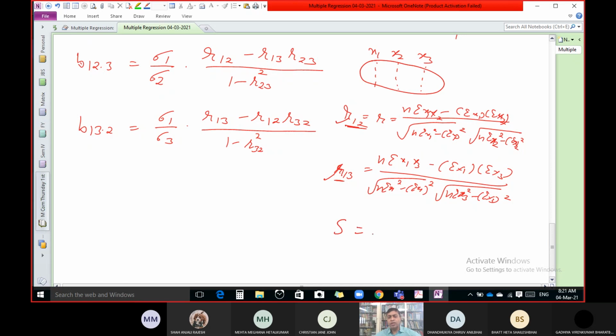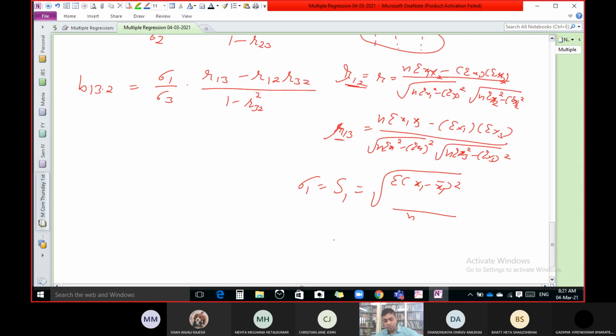We have a formula of standard deviation: s equal to square root of sigma x minus x bar the whole square upon n. Now if you want to calculate s1 or sigma 1, the formula is square root of sigma x1 minus x1 bar the whole square upon n. How to calculate s2?